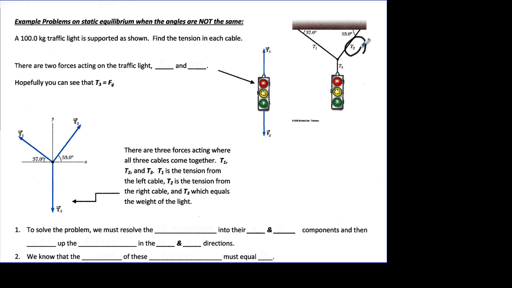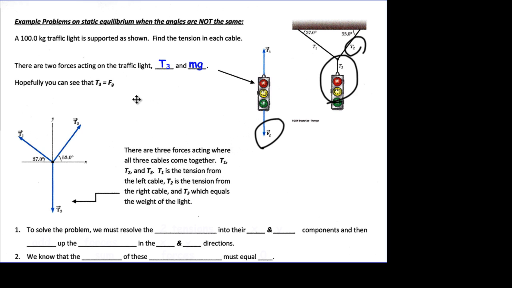So now also notice that down here we have this tension 3, and we discussed that in class. You could just say it's the weight and skip T3, but if it specifically asks for all the tensions, tension 1, 2, and 3, then you need to go through and find it.